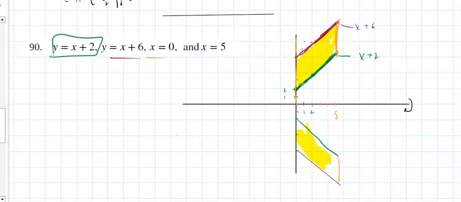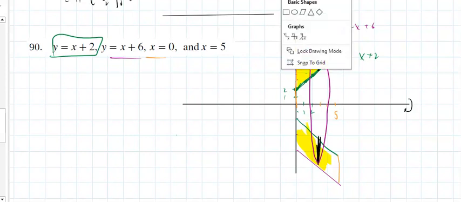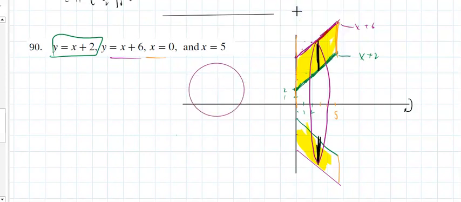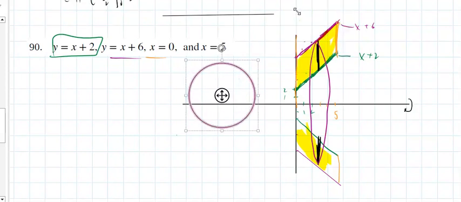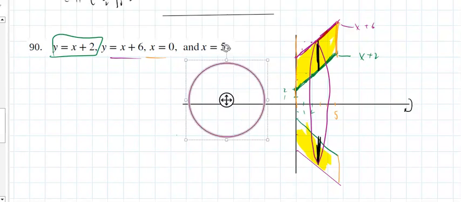Now here, as this rotates, when I pick my rectangle, I notice that there's a gap. This is what's famously known as the washer. I have one of those, but there's a hollow part inside, and that's the green function.